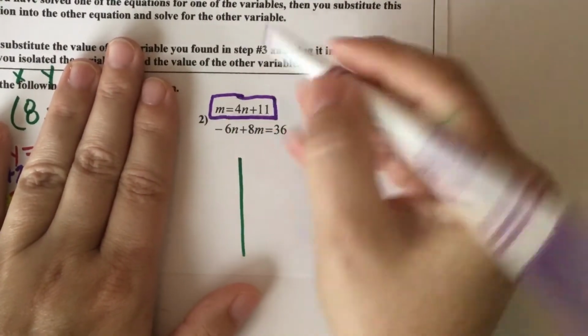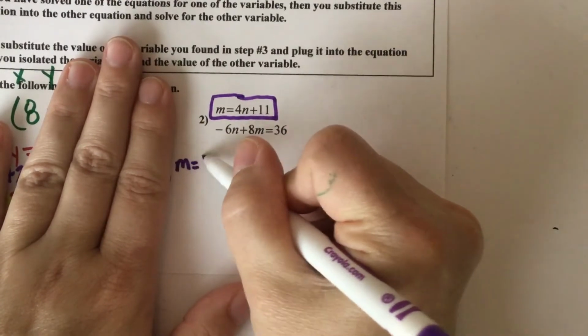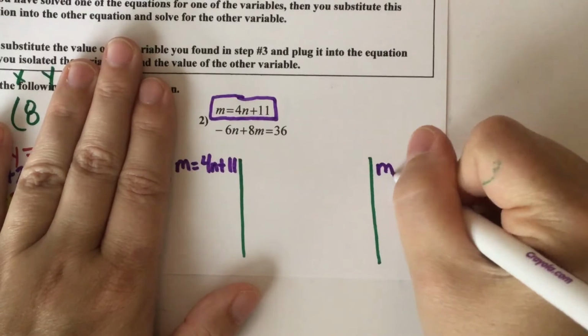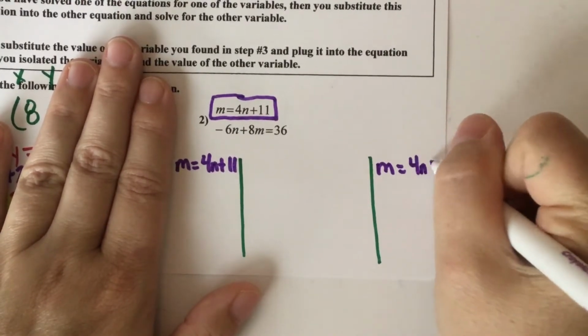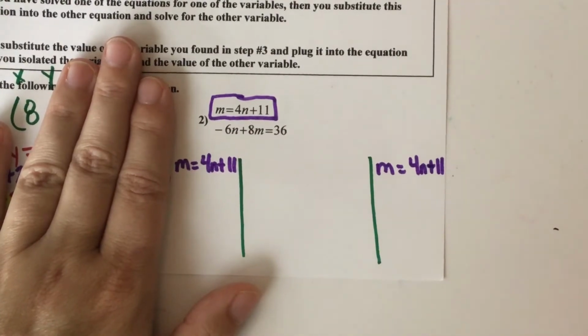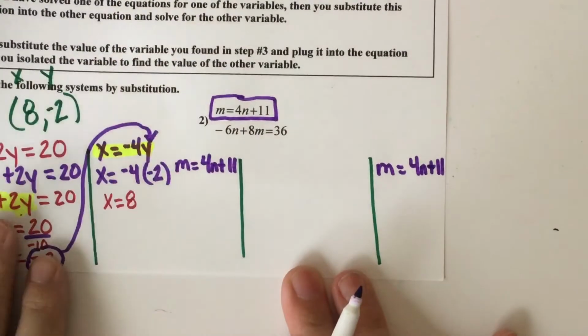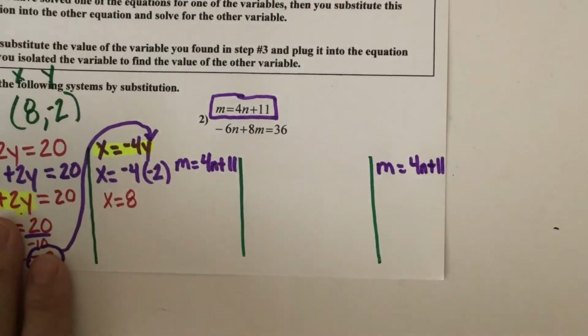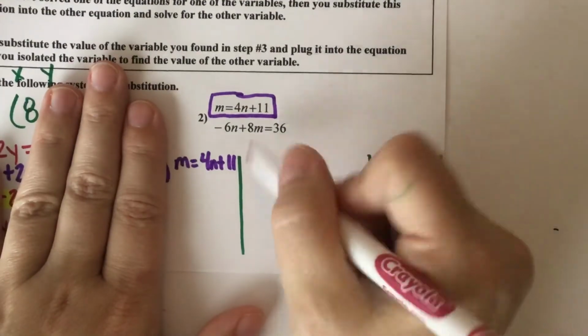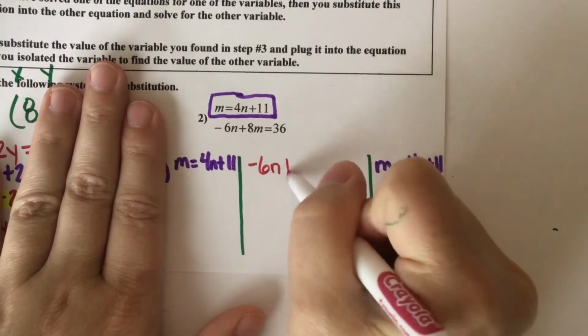So this is our bread. So it goes in the first column and the third column. Can I squeeze it in there? Got it. Barely. The other equation is your meat, so it goes in the middle column.